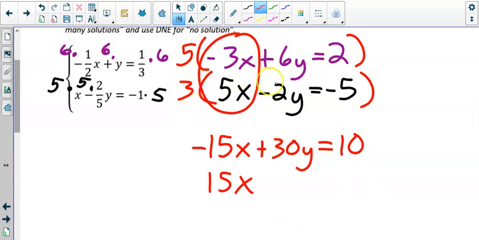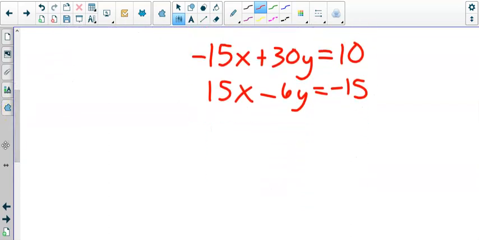What's 3 times negative 2? And what is 3 times a negative 5? Negative. And so now you're ready for elimination. And so for elimination, we're going to go ahead and do what? Down each one of these.